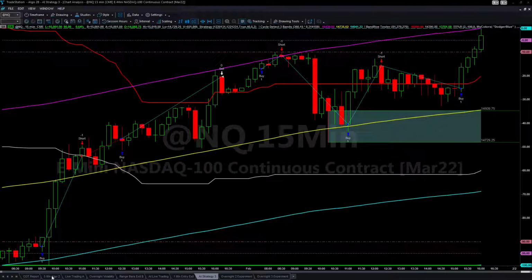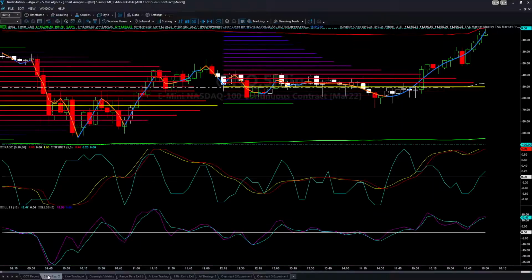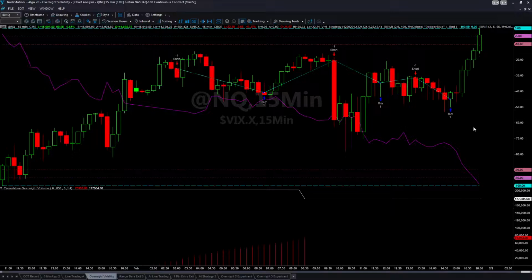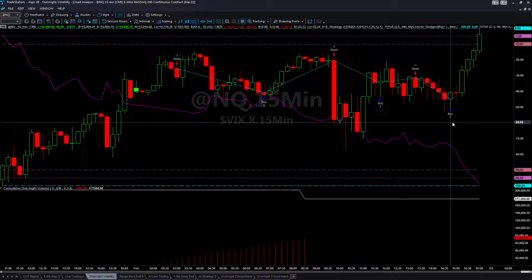Let's just see what happened here on this 5-minute chart for kicks and grins. Wow, this thing just went right up. Look at that. It's fantastic. Wow, look at this. Terrific. This nailed it right here as far as the entry signal goes.